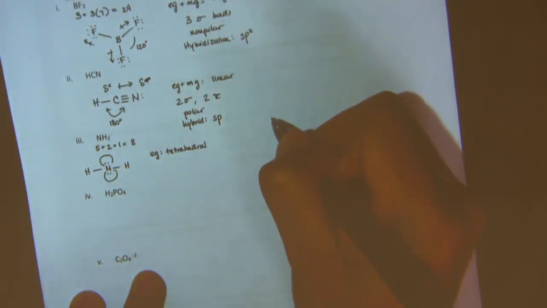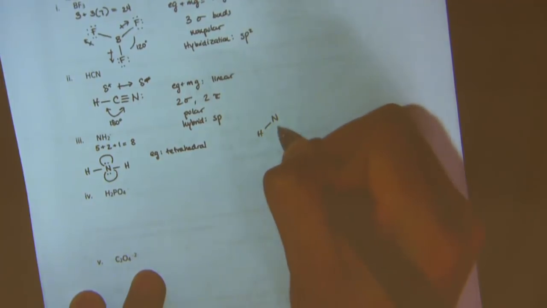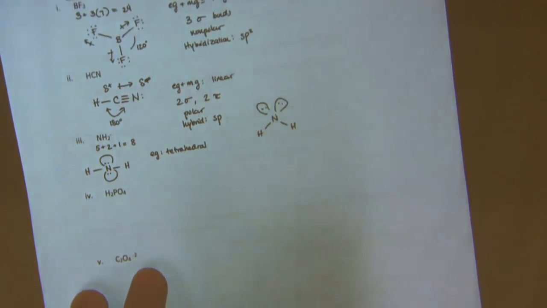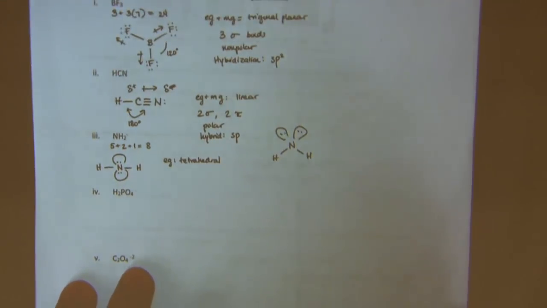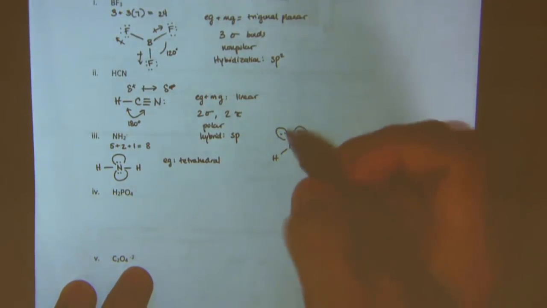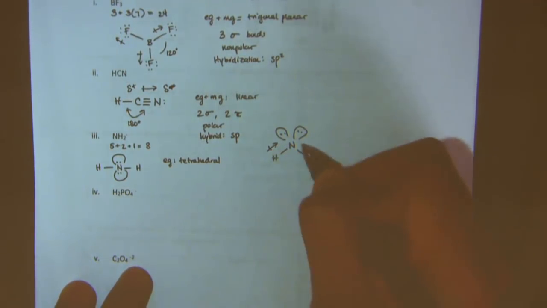So if we were to look at it in a different way, I would draw it like this. It's tetrahedral, so the bonding angles are a little less than 109.5. And the dipoles would be attracted to the more electronegative atom, which in this case is nitrogen.